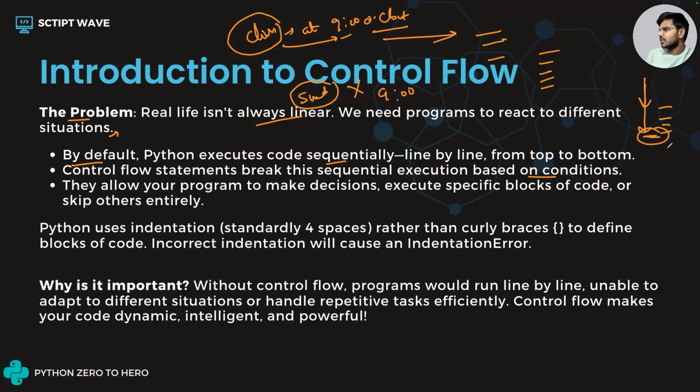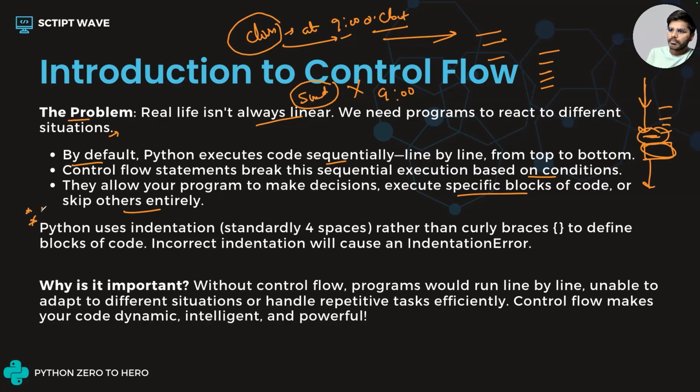Based on this condition, it either moves to the next step by skipping a few instructions or proceeds with this set of instructions. They allow your program to make decisions, execute specific blocks of code or skip others entirely. So this allows us to execute specific blocks based on a condition or skip if the condition is not satisfied.